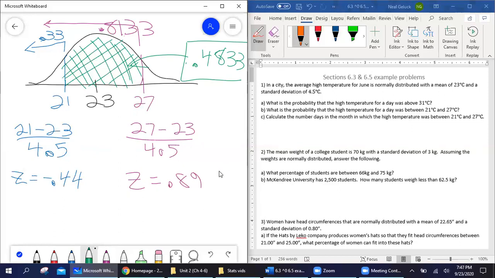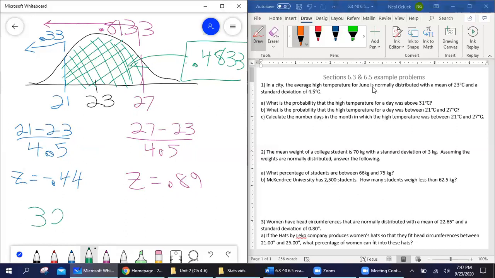Part C is based off of that. Calculate the number of days in the month in which the high temperature was between 21 and 27, or can be predicted to be that. So I know the probability, 0.4833, it's June, which has 30 days.